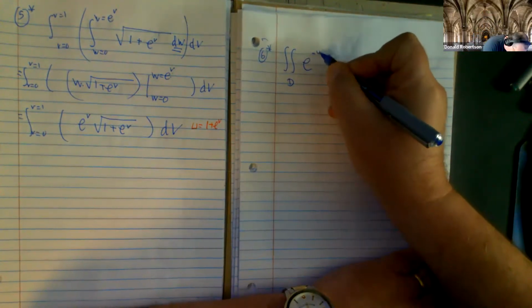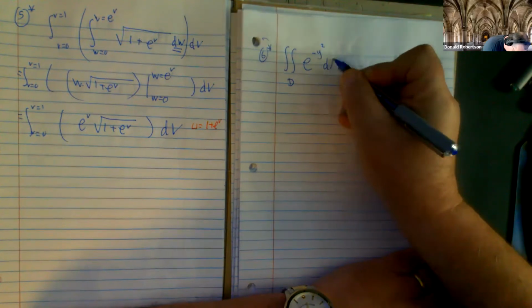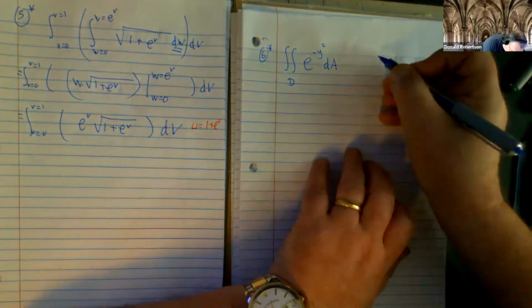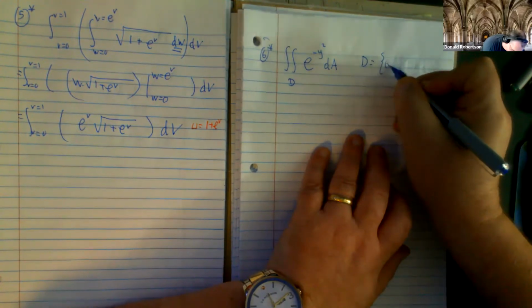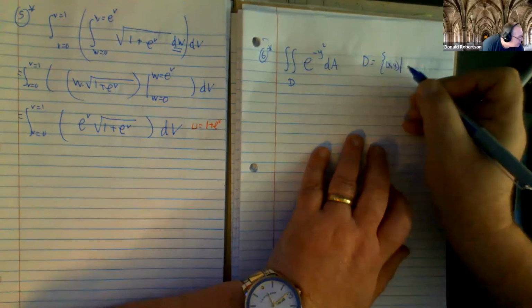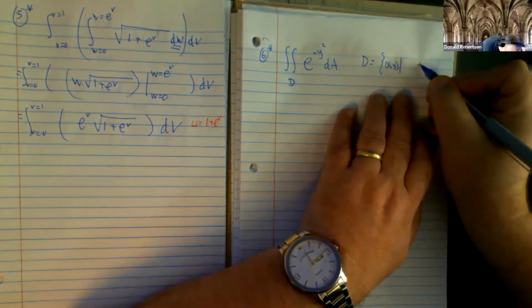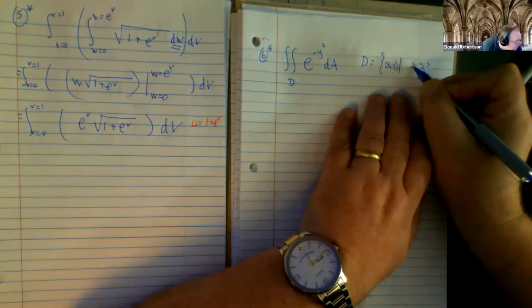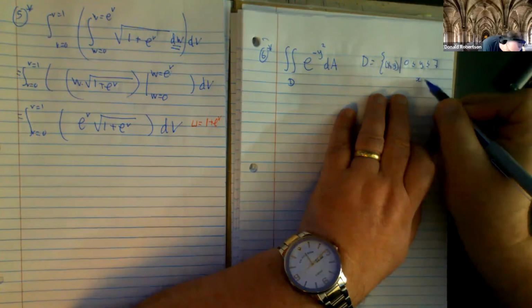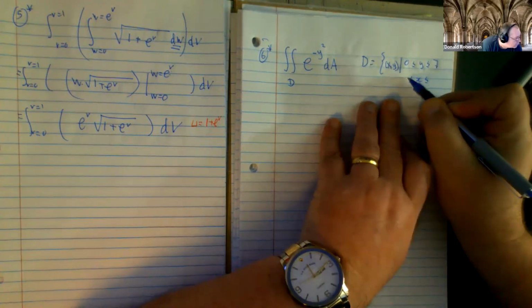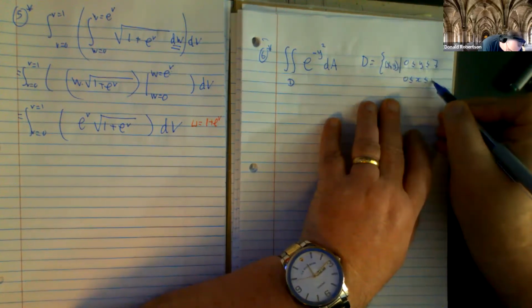The function that we're going to integrate is that guy. And the region D is going to be described like this. Y is going to go from 0 to 7. And X is going to go from 0 to Y.